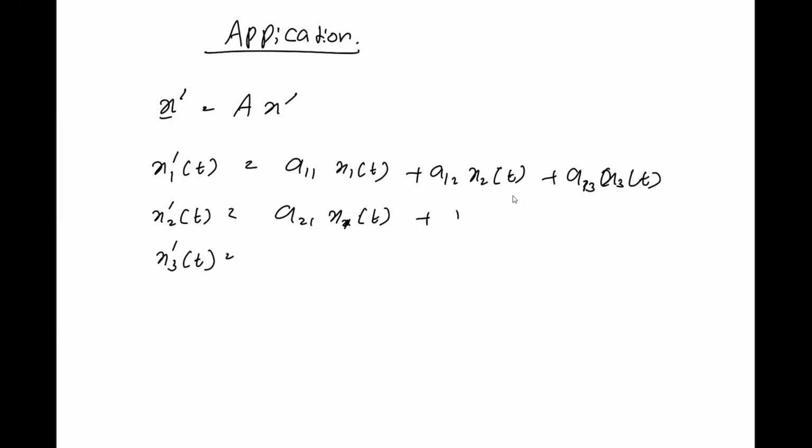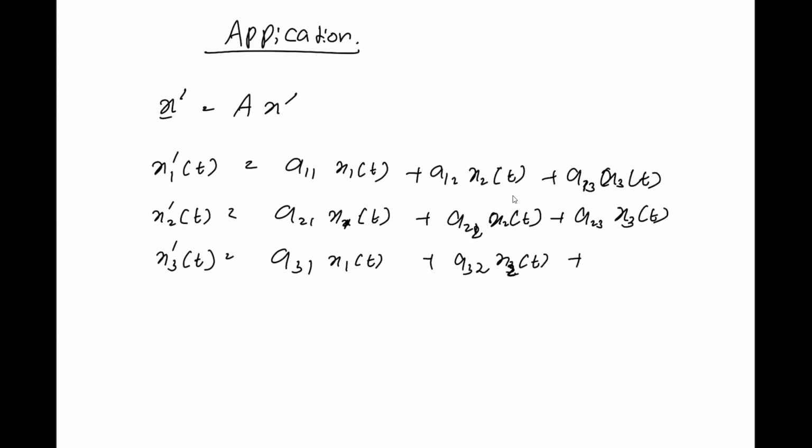This is equivalent to a11 x1(t) plus a12 x2(t) plus a13 x3(t), then a21 x1(t) plus a22 x2(t) plus a23 x3(t), and a31 x1(t) plus a32 x2(t) plus a33 x3(t). Something like this.